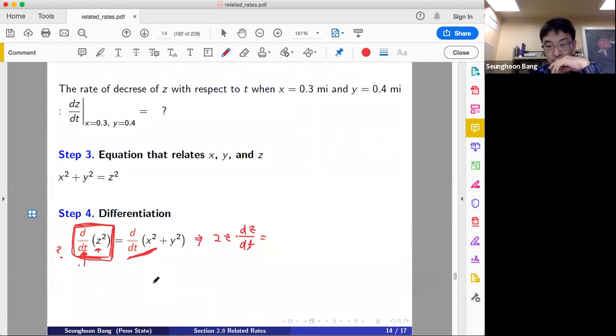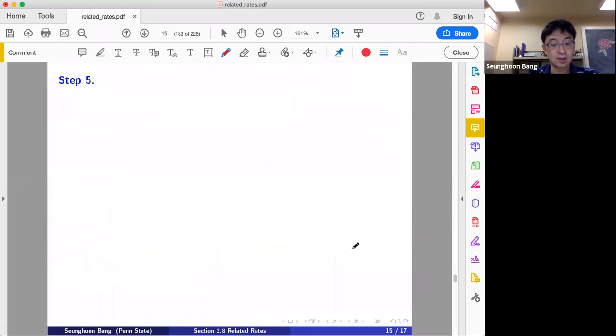Okay, good. So we have 2x times dx over dt plus 2y times dy over dt. That is the whole idea, so we have this equation.